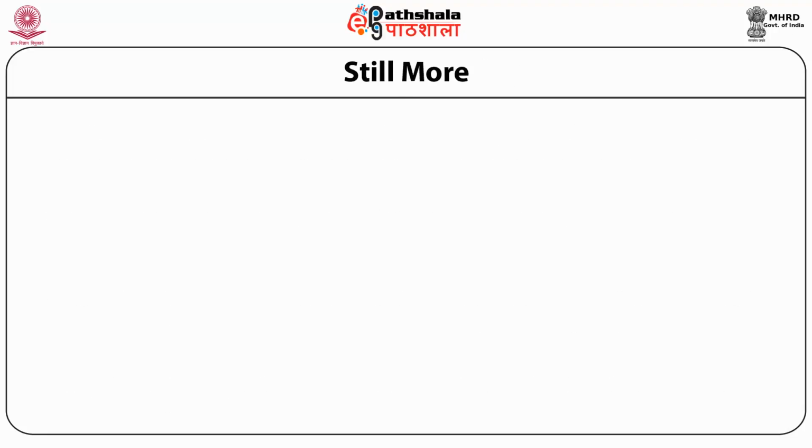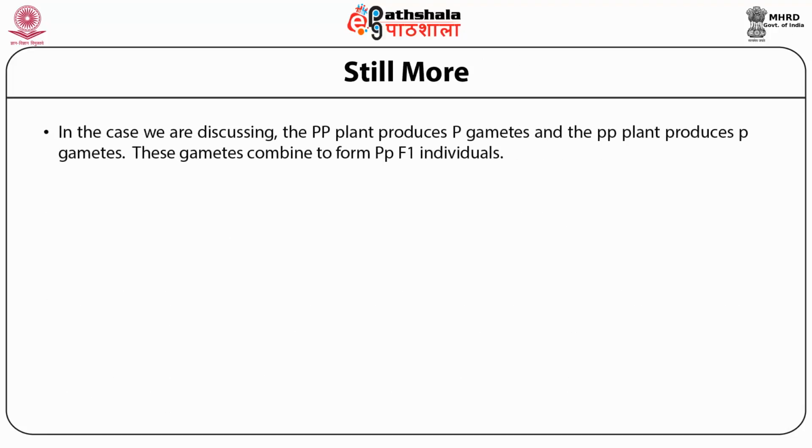Some more explanation. In the case we are discussing, the capital PP plant produces capital P gametes, and the small pp plant produces small p gametes.